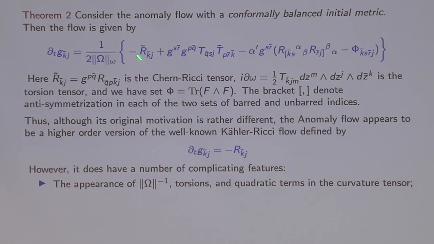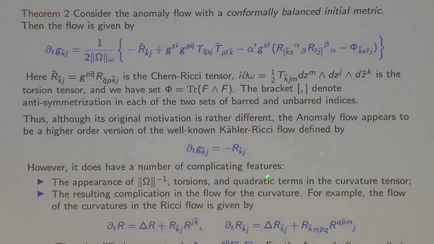But the complication here is that, of course, we have this inverse term, we have torsion terms, and then we have these quadratic terms, which are perhaps the worst complication of all. So you can view this as a kind of Hermitian extension to the next order, if you will, of the Ricci flow.